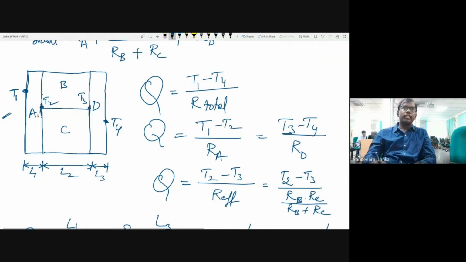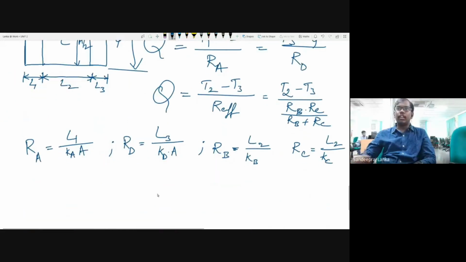If this is the whole area, complete A, representing the whole area, then this can be A by 2 and this will be A by 2.